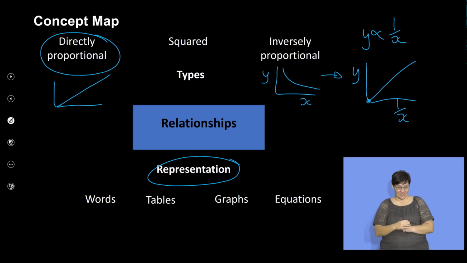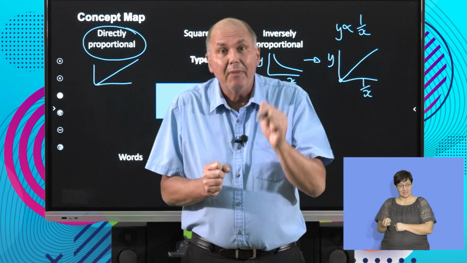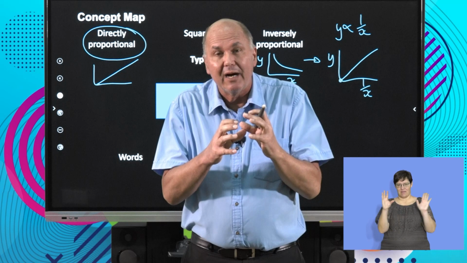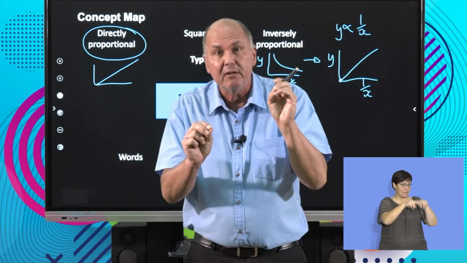So please make sure whenever you're looking at relationships and graphs, relating them to an equation, that you have them very clearly sorted out, that you understand what is the independent variable and what's the dependent variable.